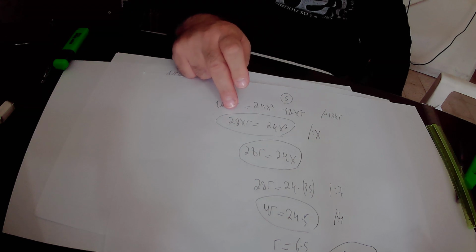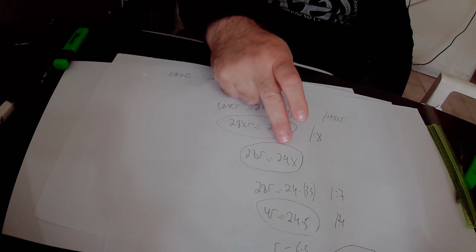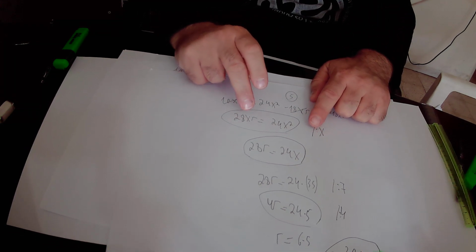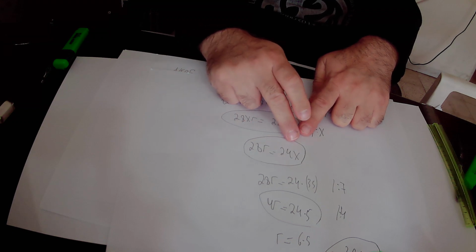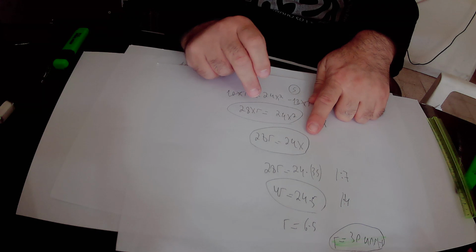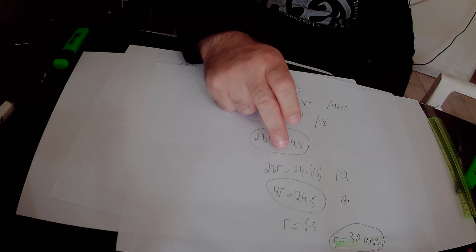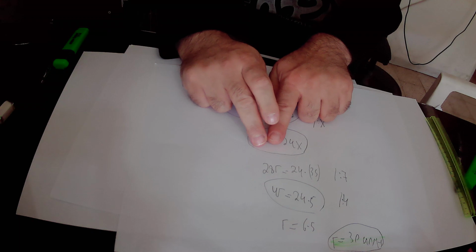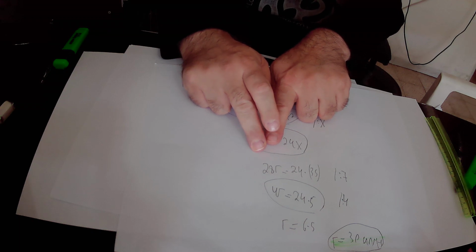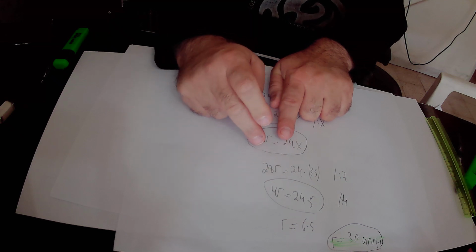Here we divided this equation by x. 28xR over x is 28R, and 24x squared over x is 24x. So we found out that 28R equals 24x. Here we substituted x by 35 and found out that 28R equals 24 times 35. Here we divided this equation by 7. 28 over 7 is 4, so this expression in total equals 4R.